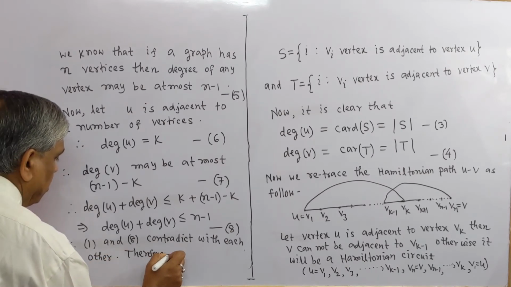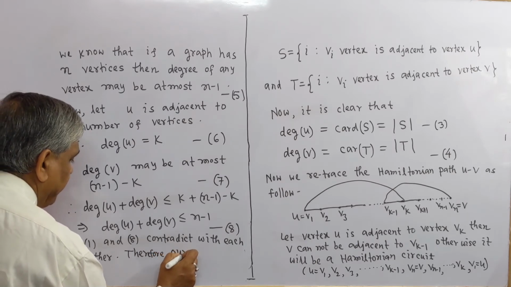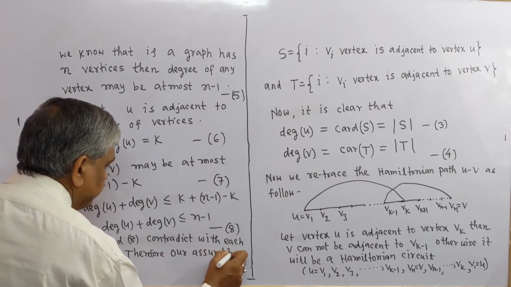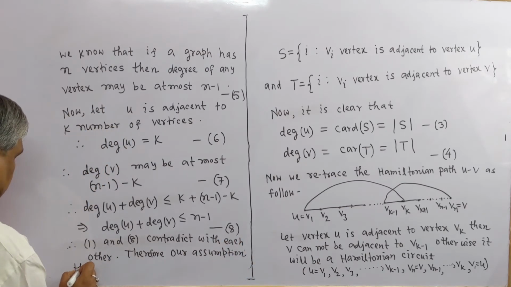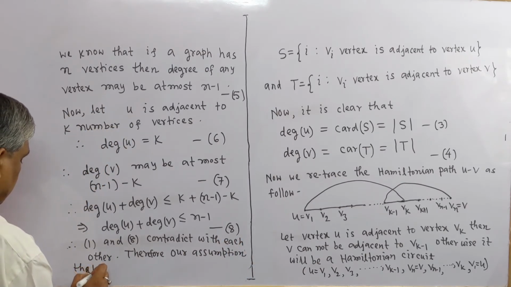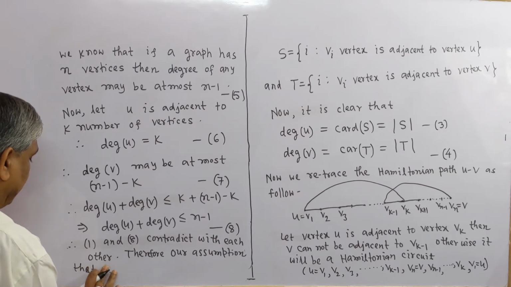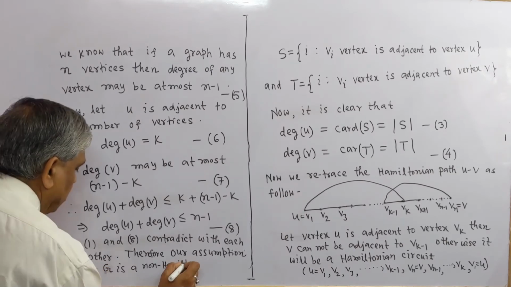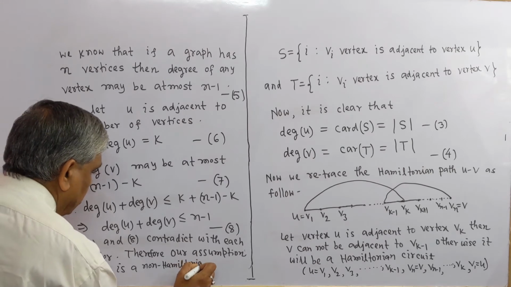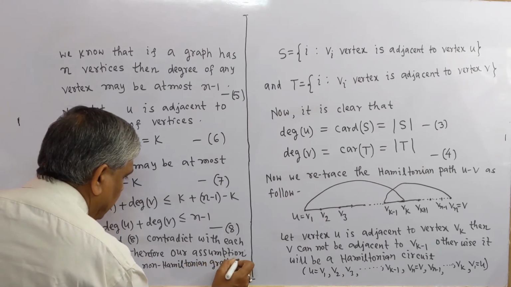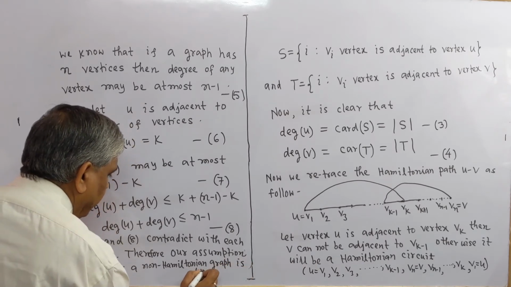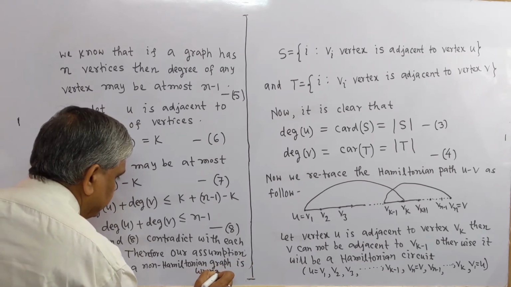Therefore, our assumption that G is a non-Hamiltonian graph is wrong.